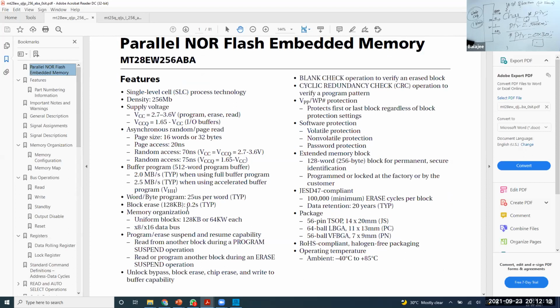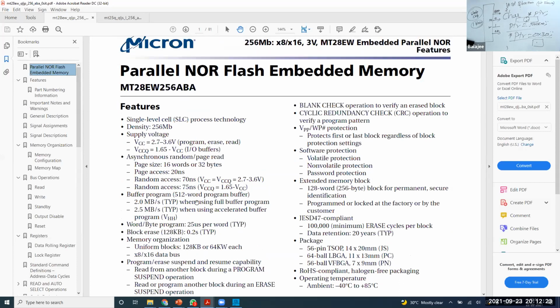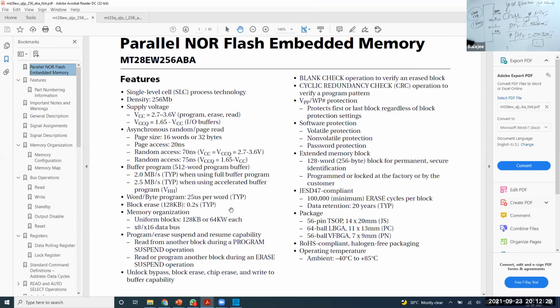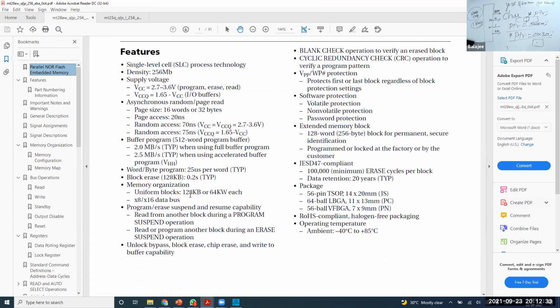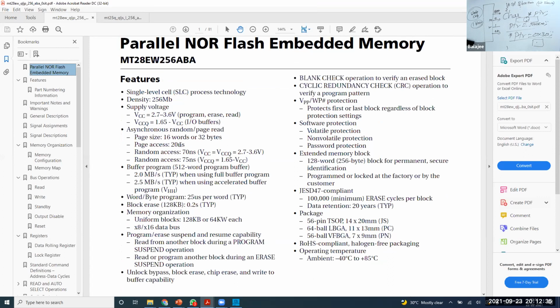You should check. In the same way, they would have given the chip erase time. They will not mention it here; they would have mentioned it somewhere at the bottom of the datasheet. So for everything they have a time.